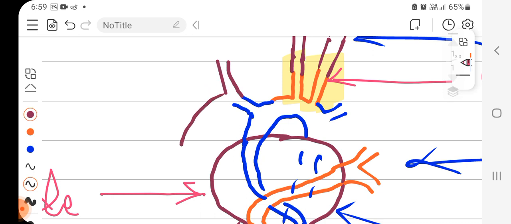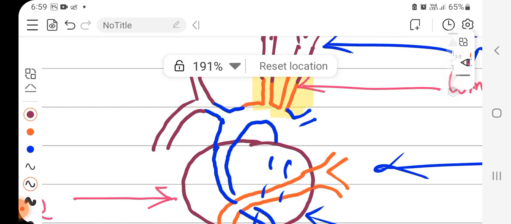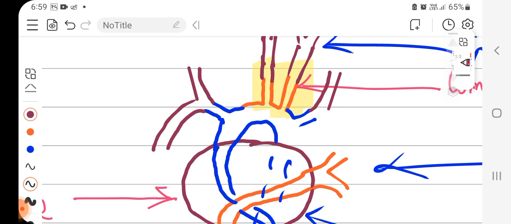Same here as well. This will go upside, and this will go to this side.